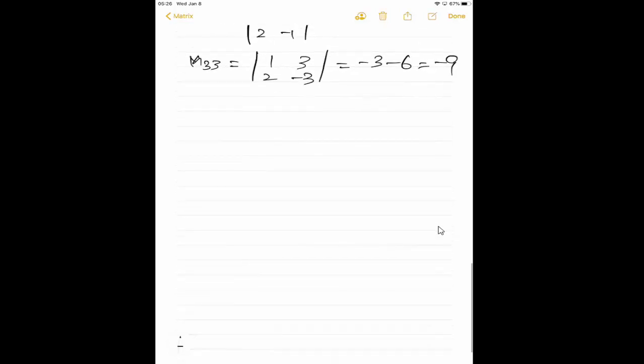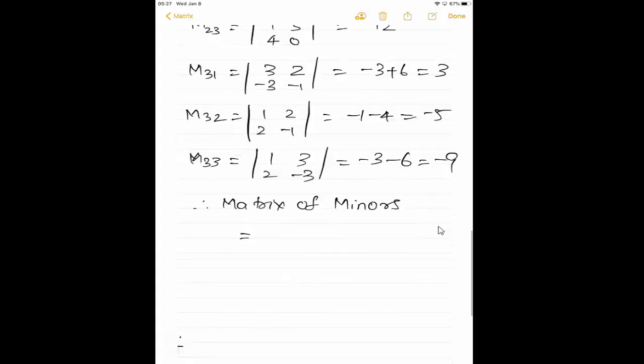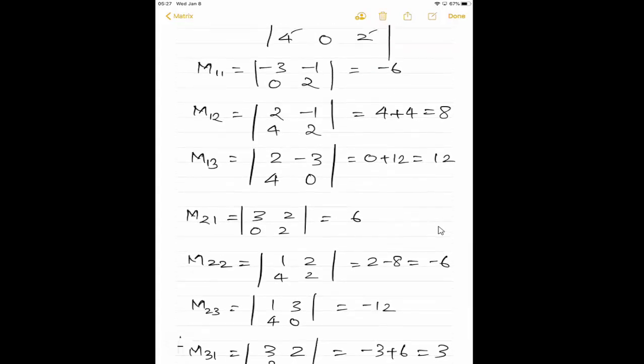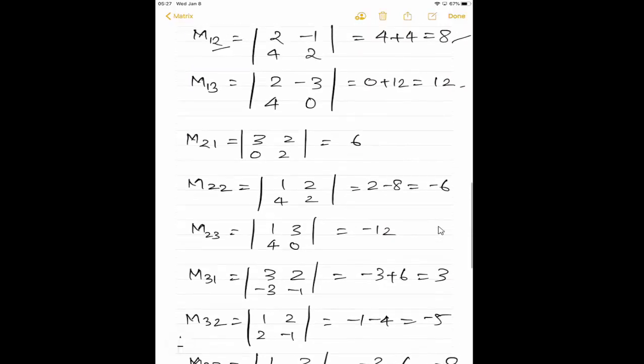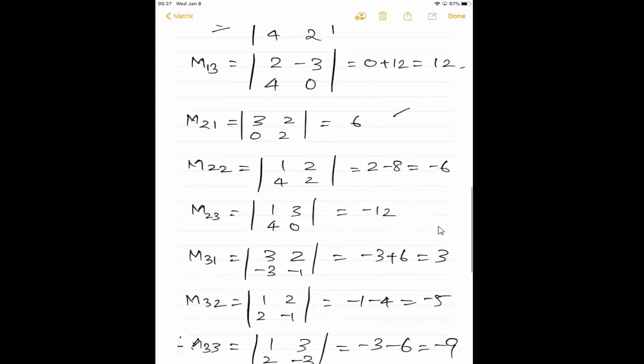After this we have to form the matrix of minors. Just replace its number. For example, first row first column, first row second column, each number needs to be replaced. So minus 6, 8, 12. Then second row, 6, minus 6, minus 12.